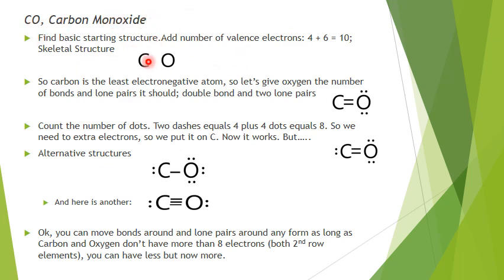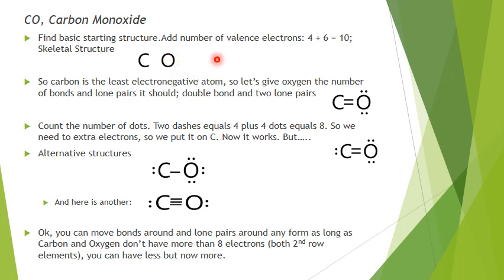So the first thing we'll do is come up with the starting structure. So we have our skeletal structure. There's no center atom. There's 4 plus 6 is 10, so we need to have 10 valence electrons. Carbon is the least electronegative atom. So if you're going to give two of these atoms their number of bonds and lone pairs, I would pick oxygen because it has a higher electronegativity.